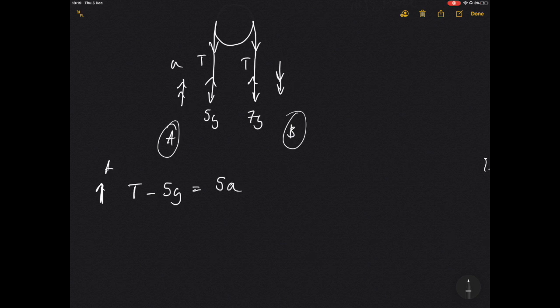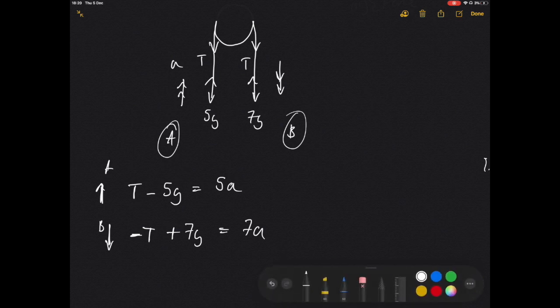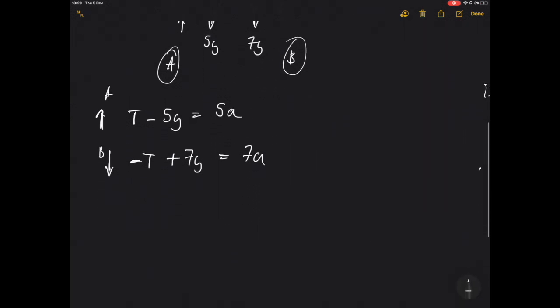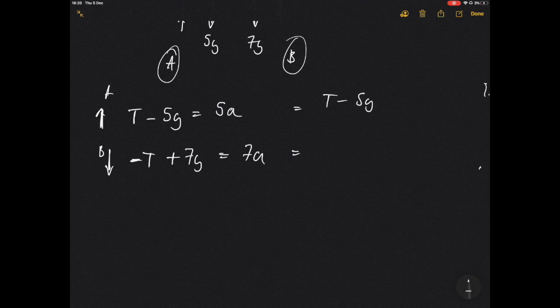Likewise, if we resolve B now, downwards, 7g this time is going to be positive, and our tension force is going in a different direction, so it's negative T. So negative T plus 7g equals 7a. We can simplify this into a pair of simultaneous equations: T minus 5g equals 5a, and 7g minus T equals 7a.